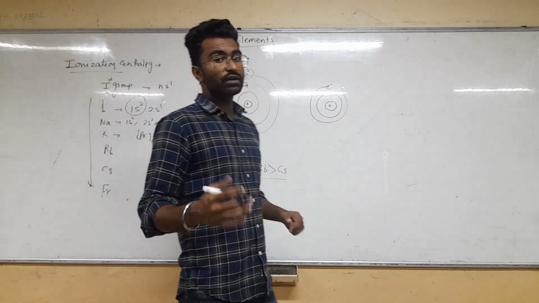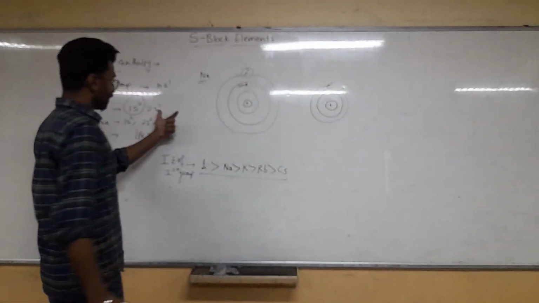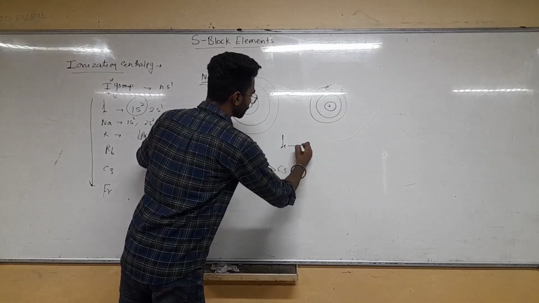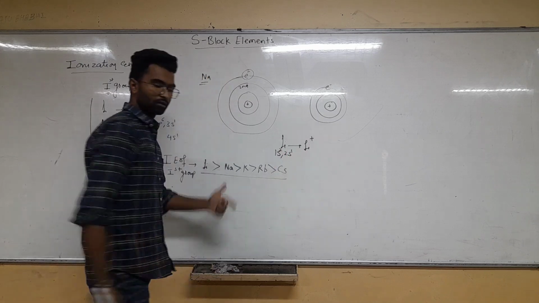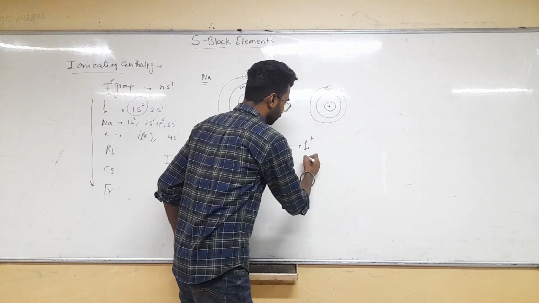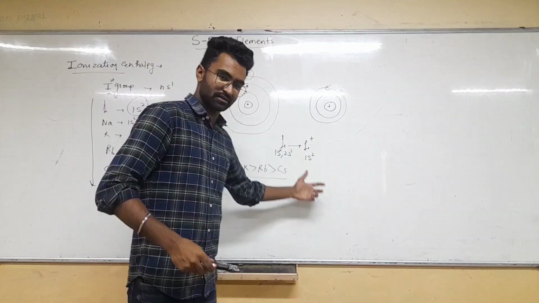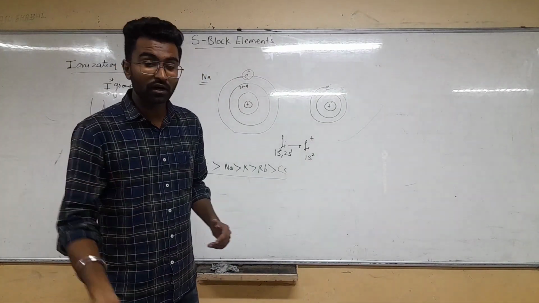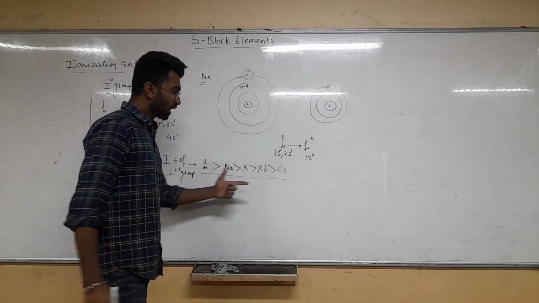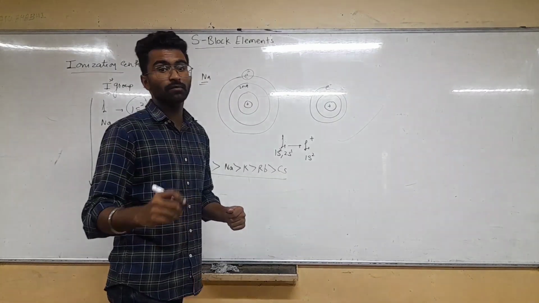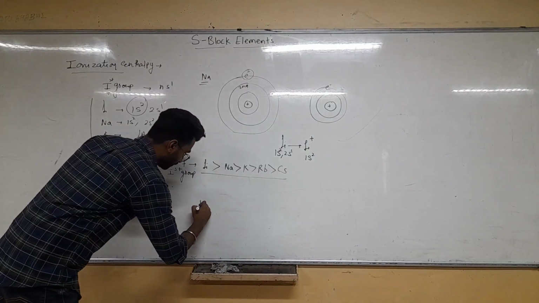Now let's talk about removing the second electron from the atom. If I have removed the first electron from lithium, it becomes Li+. Lithium has the configuration 1s2, 2s1, and Li+ has the configuration 1s2, which is the configuration of a noble gas. So it is very difficult to remove the second electron from the atom. The IE2, the second ionization enthalpy, will be a very high value.